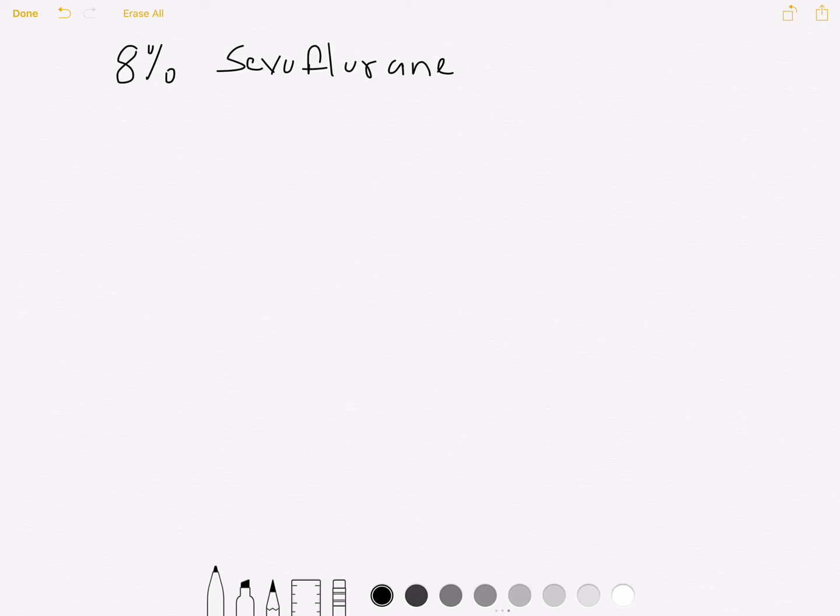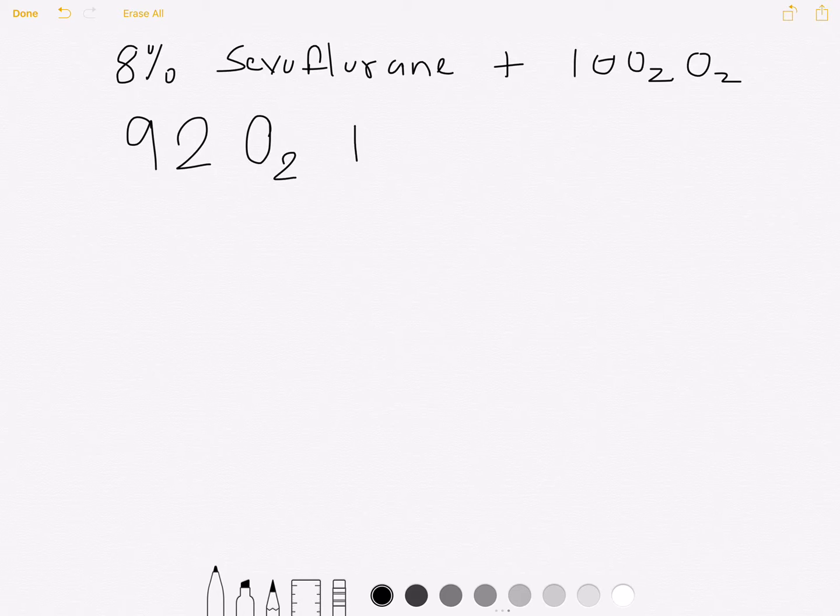So you start with 8% sevoflurane, and it is 100% oxygen. So your settings are 100% oxygen and 8% sevoflurane. Ideally, in this case, you are giving 92 parts oxygen and 8 parts of sevoflurane.